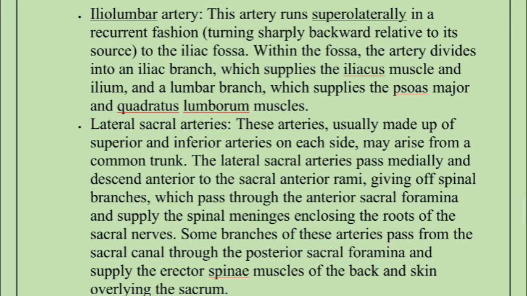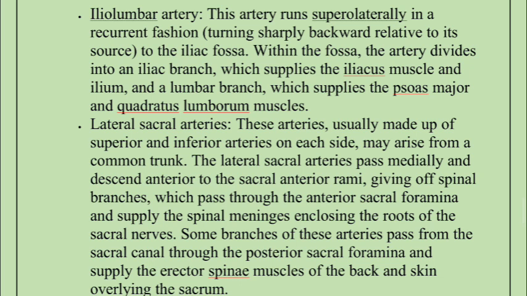Some branches from the lateral sacral arteries pass from the sacral canal through the posterior sacral foramina and supply the erector spinae muscles of the back and skin, which overlies the sacrum.